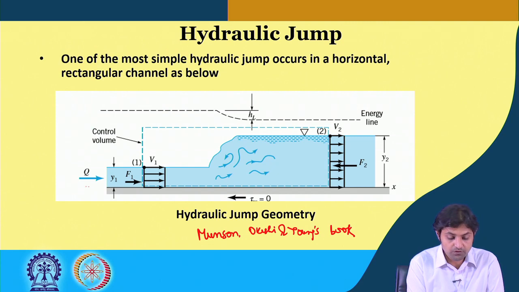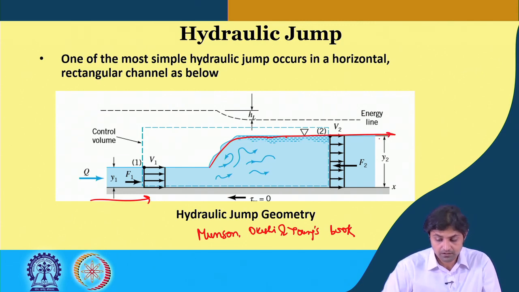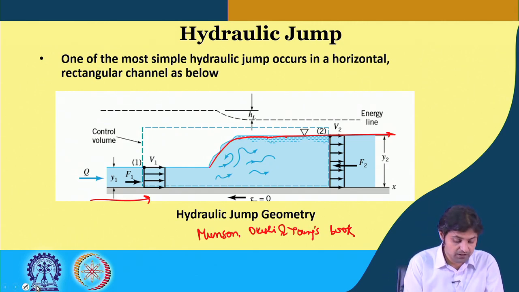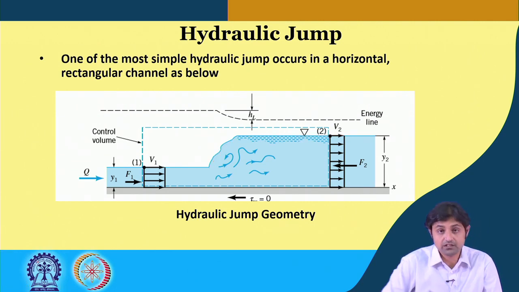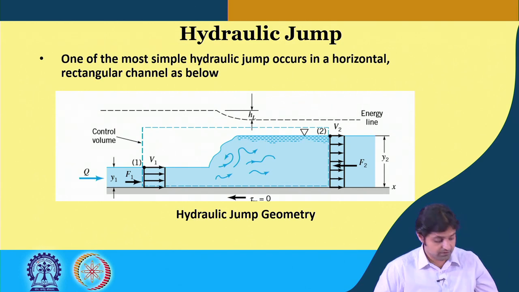If there is a flow coming in this direction, and the water surface elevation due to the influence rises like this, then this is the simplest case of hydraulic jump. We are going to derive the equation for hydraulic jump, and we will take the help of this particular figure.